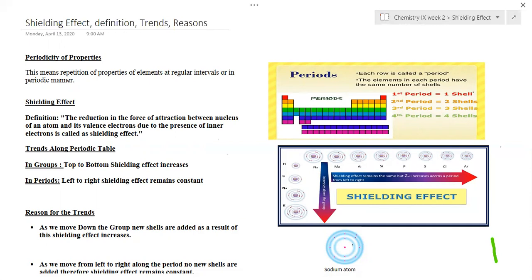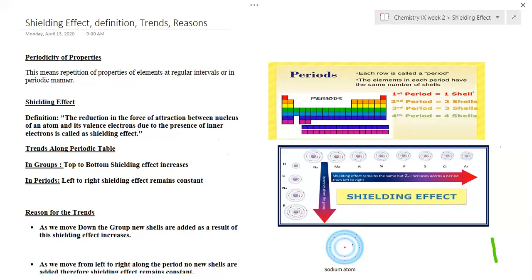These inner shells act as a shield that hinders the force of attraction of the nucleus from reaching the valence electrons. You may recall Bohr's atomic model, chapter 2 of class pre-9th, that electrons are distributed in shells around the nucleus. So if the number of shells increases one by one, the shielding effect increases, because each added shell acts as a shield.